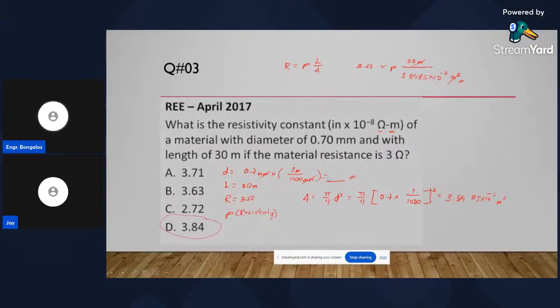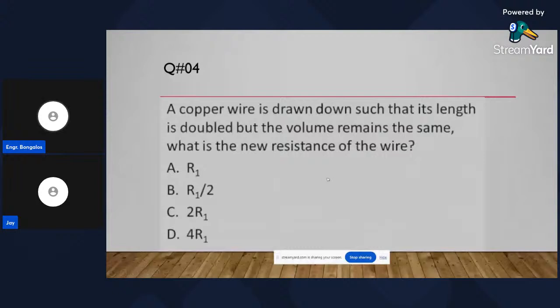So proceed tayo dito sa question number 4. A copper wire is drawn down such that its length is doubled, but the volume remains the same. What is the new resistance of the wire?